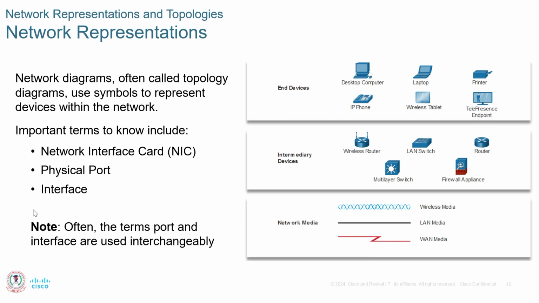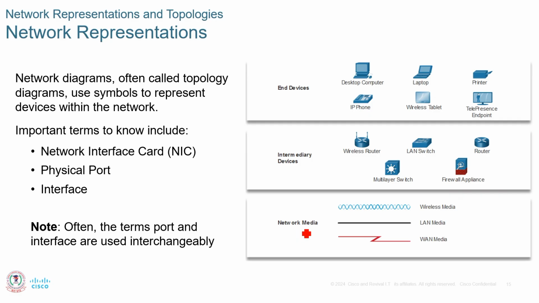So this is an endpoint device up here. We have desktop, laptop, printer. This is television. We have wireless tablets. We have iPhones. We have again intermediary devices: wireless router, LAN switches, router, multi-layer switches, firewall appliances, and then we have now the network medium or media.